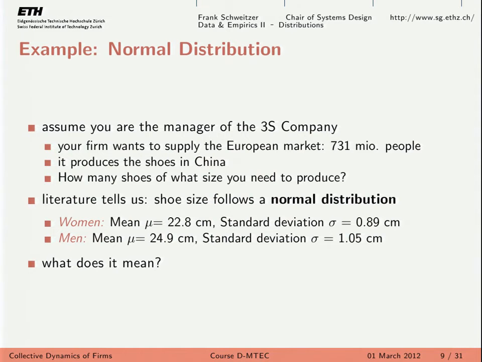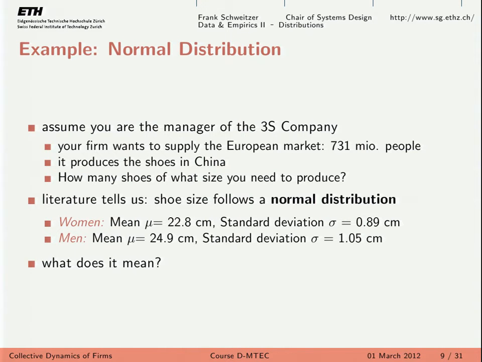So you produce the shoes in China, and you have to tell your manufactory in China how many shoes of what size they have to produce, right, in order to ship this to Europe. And that's exactly the question.